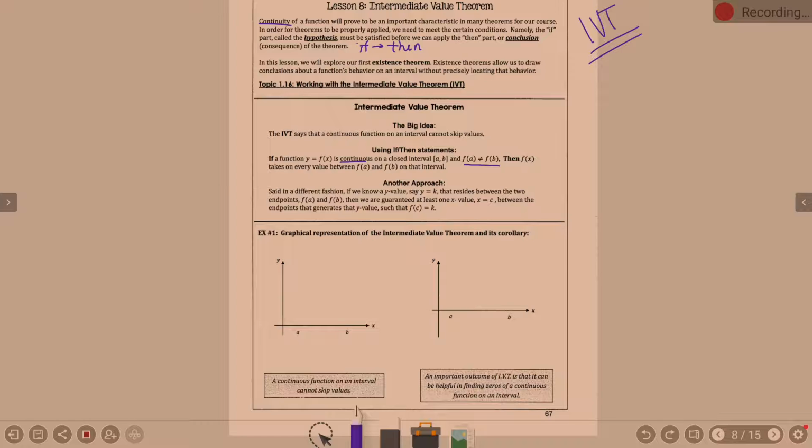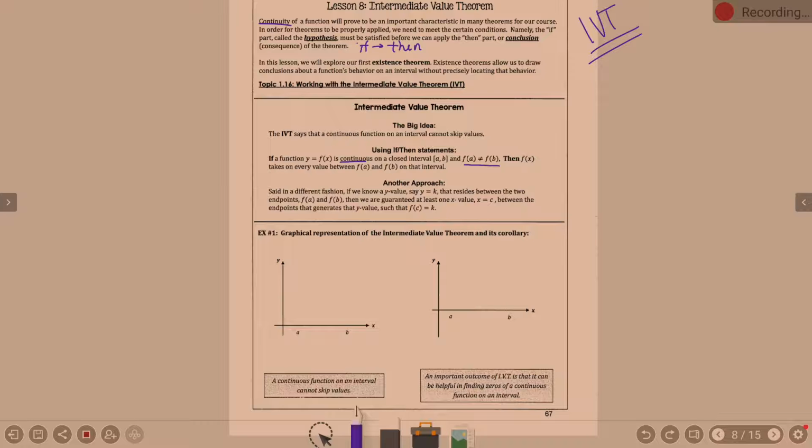Because if our endpoints are the same, technically our graph never has to move up or down. It can just go straight across from one end to the other. So, assuming your endpoints are not equal, then f of x takes on every value between f of a and f of b. So every y value between the beginning and the end has to be used because it's a continuous function that will cross through.